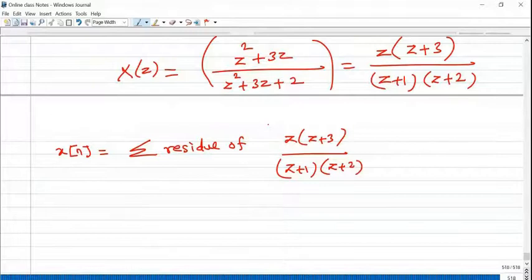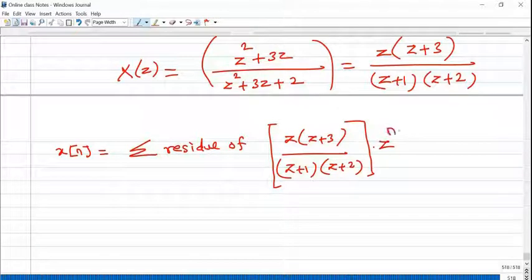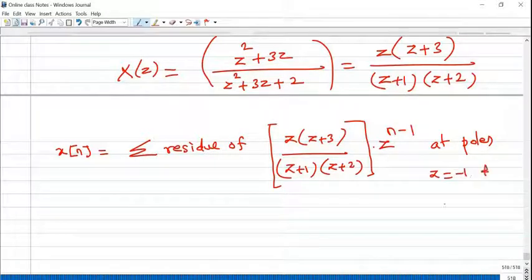This is the entire X of z, right? Multiplied with z power n minus 1, at the poles. There are two poles, z equal to minus 1 and z equal to minus 2.